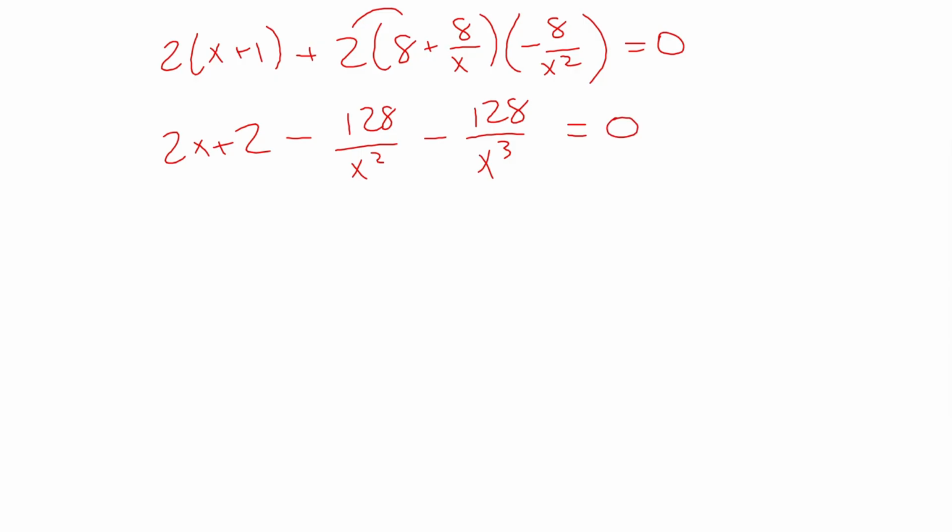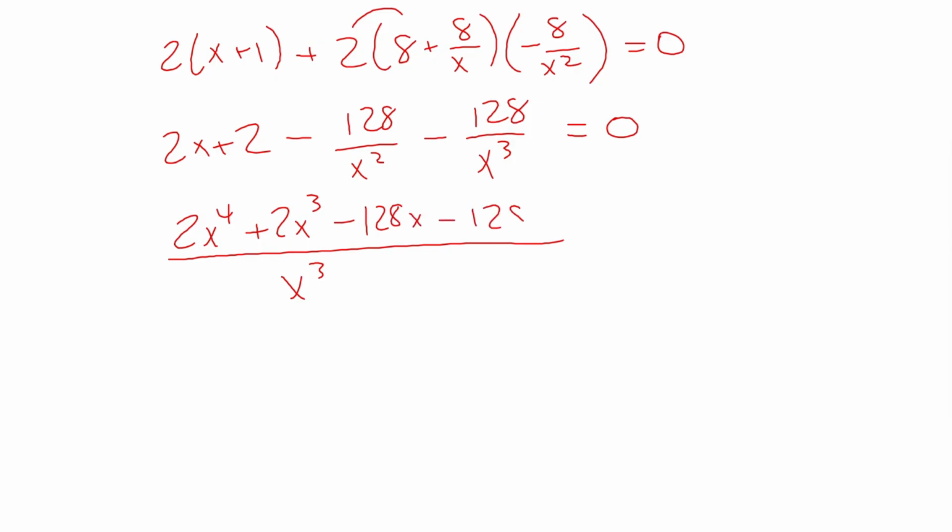So we'll multiply everything by x cubed over x cubed to get the common denominator of x cubed. So that'll give us 2x to the 4th for the 2x when I multiply by x cubed, plus 2x cubed. And then the minus 128 over x squared is going to become a minus 128x, and then a minus 128. And so again, we're just looking for when this is equal to 0.